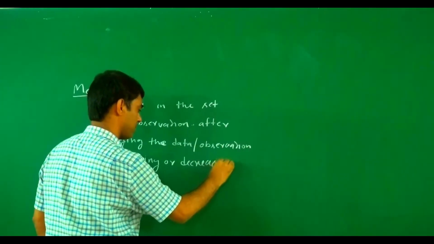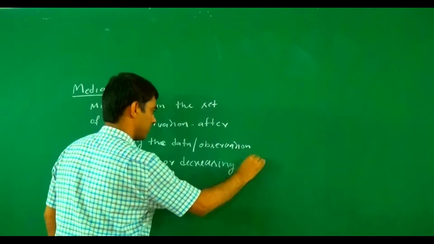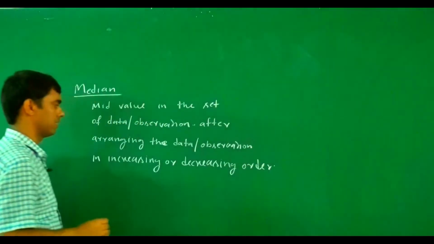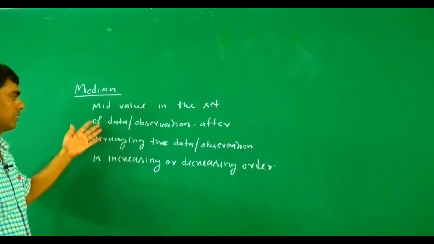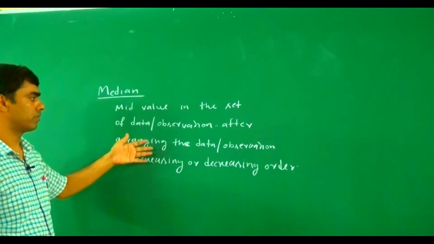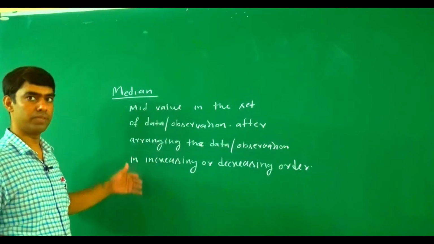Increasing order or decreasing order. So there are two possibilities: either the number of data or observations is even or odd.